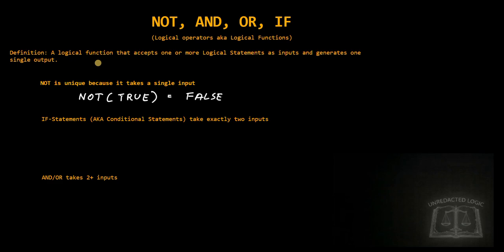Interestingly, you can do the same with if statements. So let's say you have the conditional A arrow B, which is if A then B, you can think of swapping out the logical statement A with its truth value.